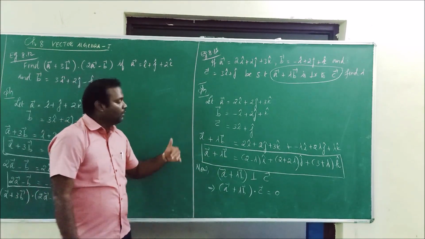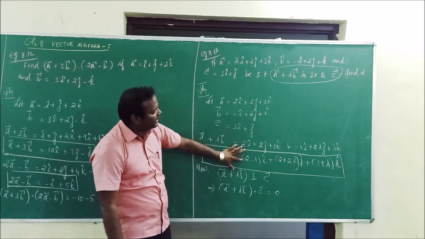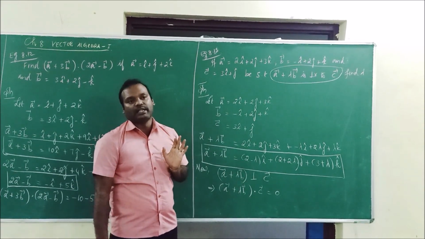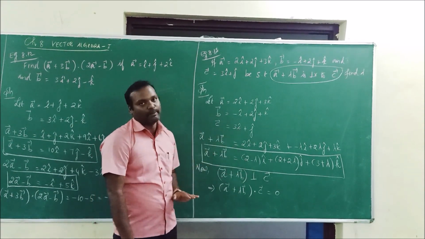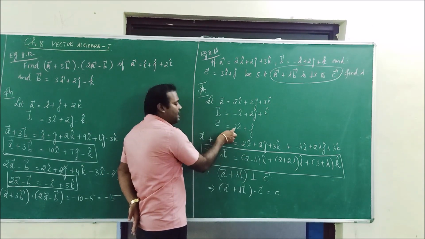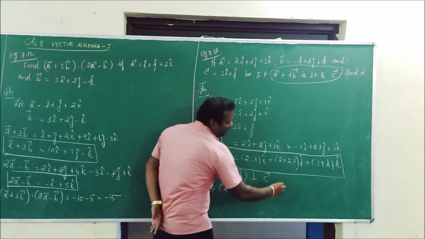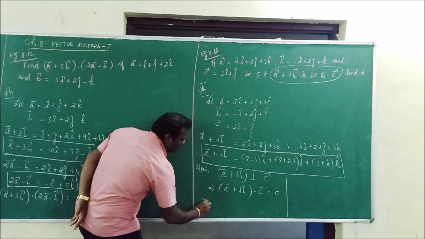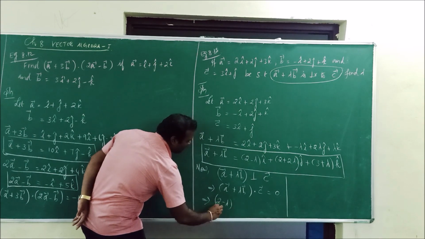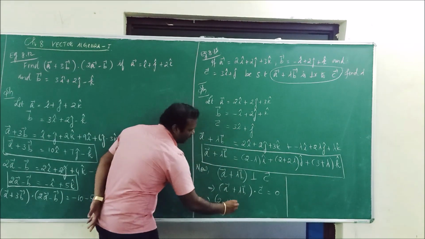So now you have to take this vector and this vector and take the dot product. You know the procedure to take the dot product. You have to take the numbers and multiply. So here the number is 2 minus lambda and here the number is 3. So 2 minus lambda into the corresponding number, 3.